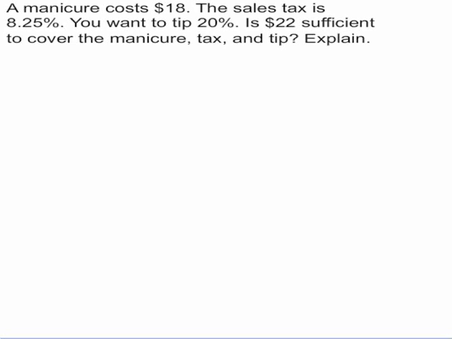So again, we're going to have two methods here, but this time we're paying 2 percentages above our $18. So the first thing I need to figure out is, what is my tax and tip percentage combined?